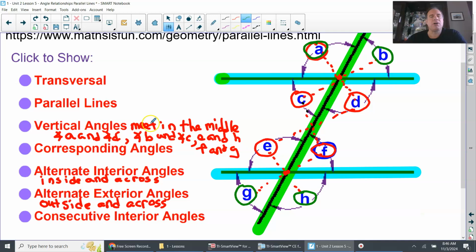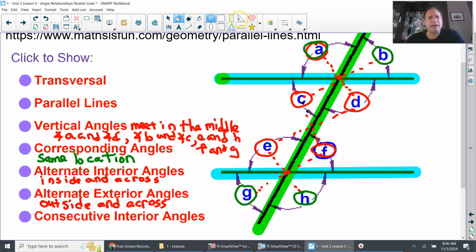Let me go back to corresponding. Corresponding is in the same location. And we studied corresponding angles when we were talking about two figures that were the same, and we used triangles basically for a lot of it.